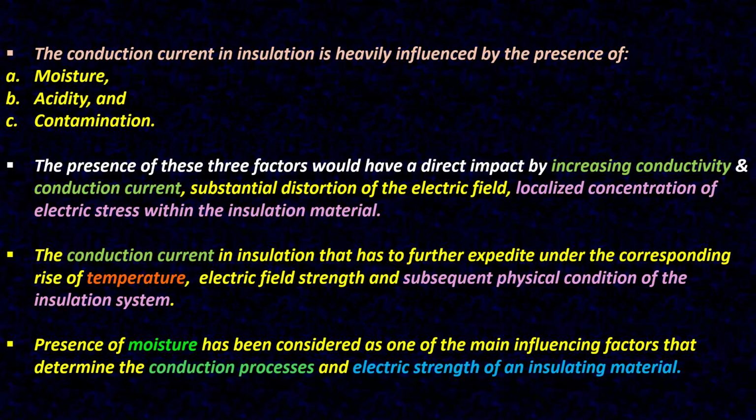The conduction current in insulation is further expedited by a rise in temperature, electric field strength, and the physical condition of the insulation system. The presence of moisture is considered one of the main influencing factors that determine the conduction processes and electric strength of an insulating material.